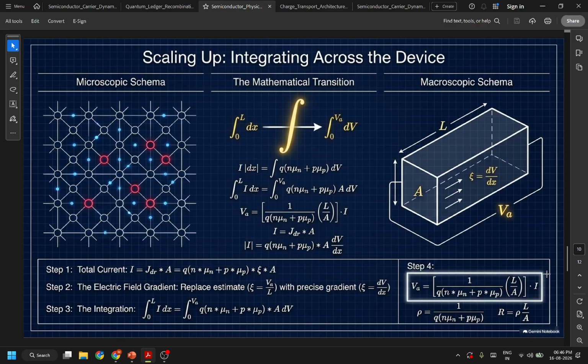I dx is equal to the integration of q(n mu n plus p mu p) dV, which results in I equals q(n mu n plus p mu p) times A times dV by dx, which is our electric field. So this results in total current I equals J times A, which is q(n mu n plus p mu p) times E times A.